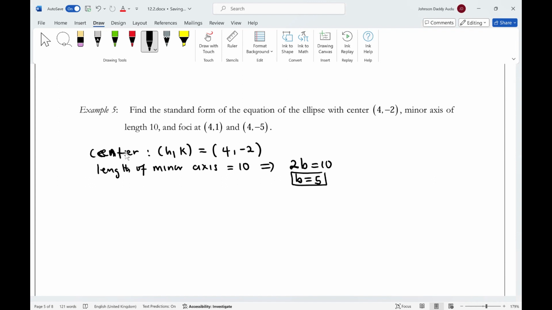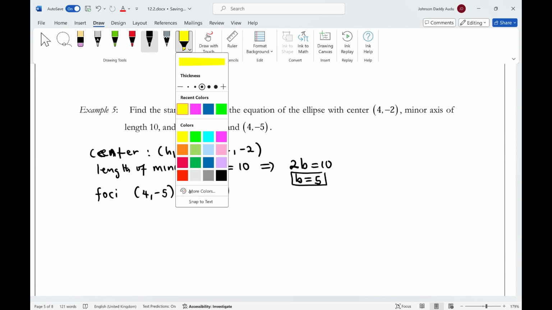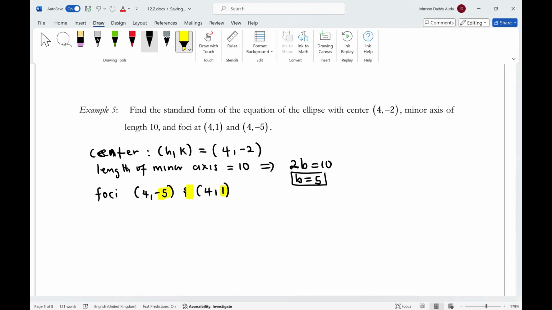All right. And we're given that the foci are (4, -5) and (4, 1). Now, you can see that what is not changing is the x-coordinate, that is fixed. So it is the y-coordinate that is changing. So it means this should be a vertical ellipse. This one is changing, right? It means the y is changing.